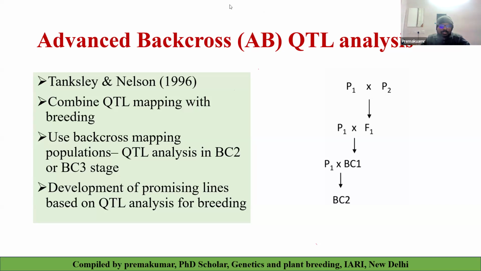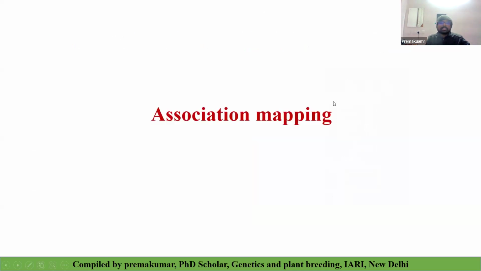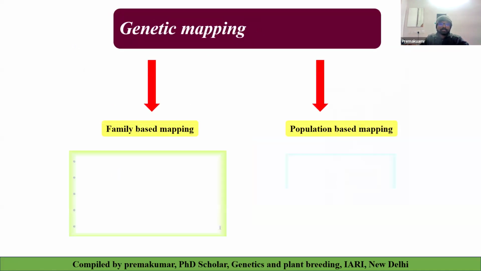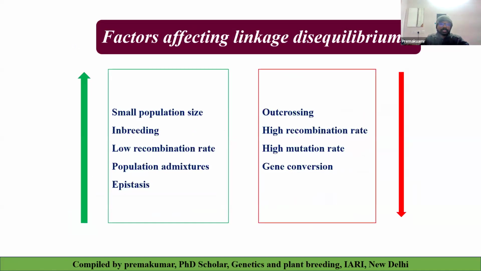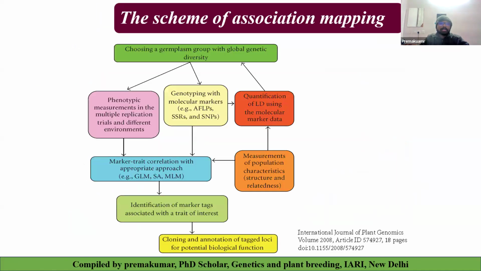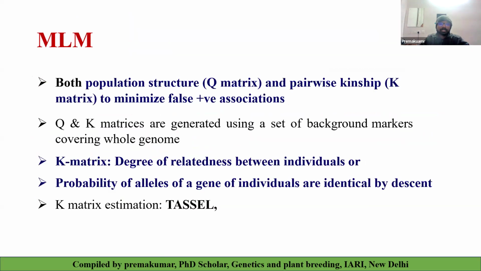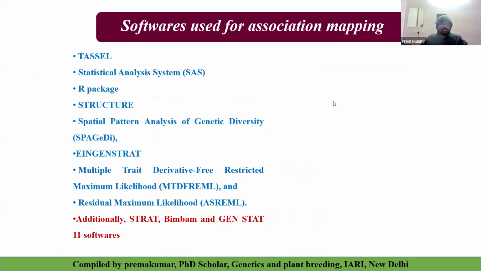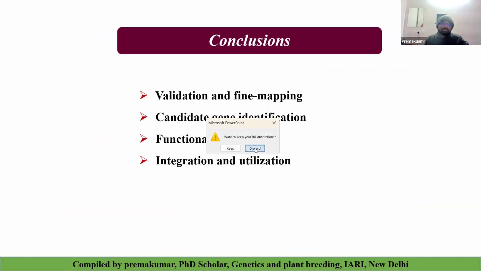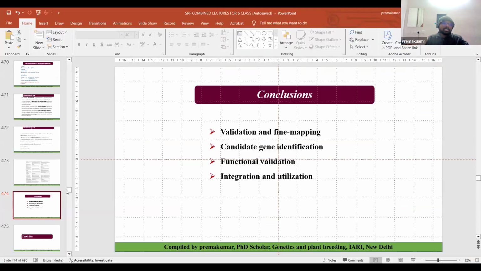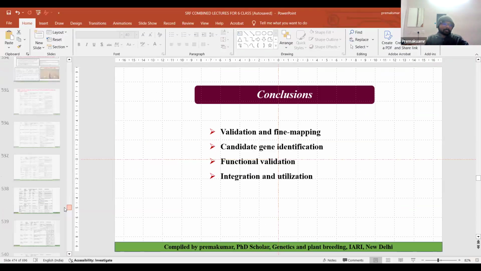Tomorrow I will discuss association mapping. Actually tomorrow is Monday, maybe I will not take the class. My friend will take association mapping; I asked him to take it. But if he is not free, I will take it because I already have the slides. After association mapping, we directly jump into the MAS schemes.